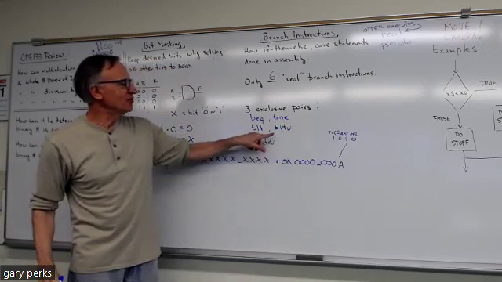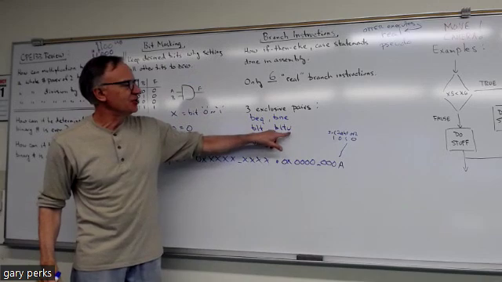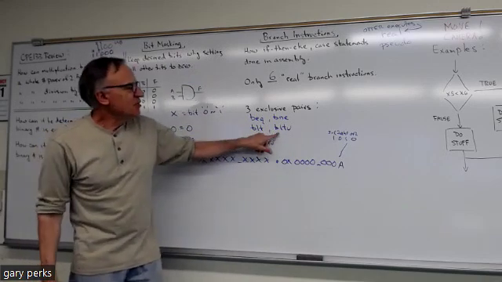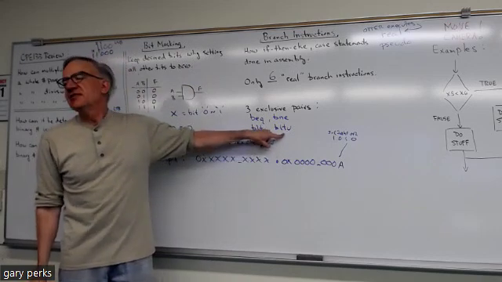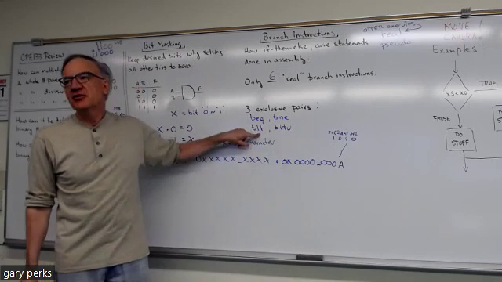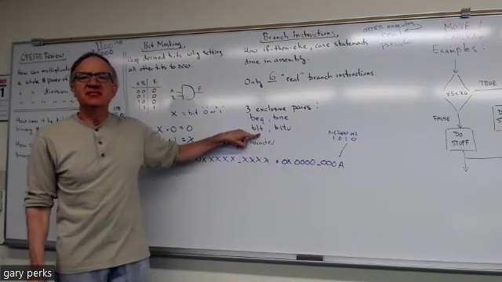What do you suppose the difference between BLT and BLTU is? Yeah, exactly. BLTU is going to treat the numbers in the registers as unsigned. If you don't see a U, it's going to treat them as signed.